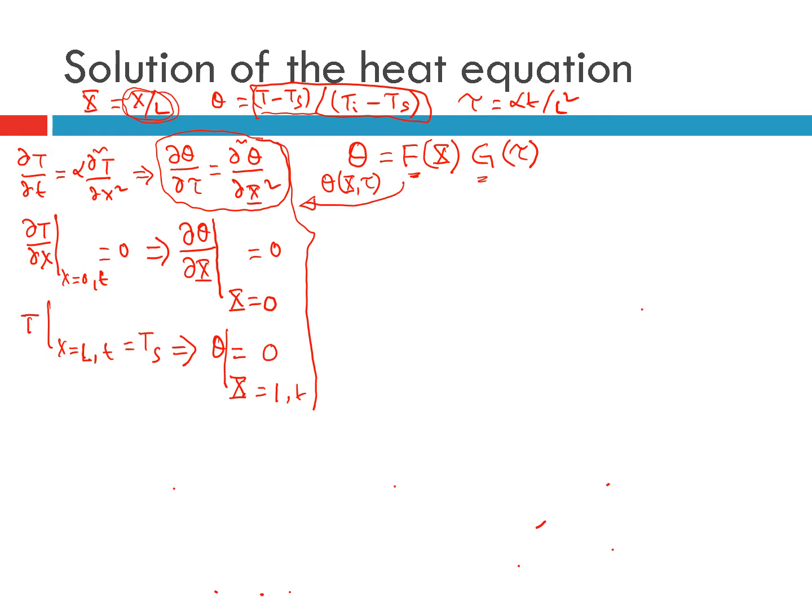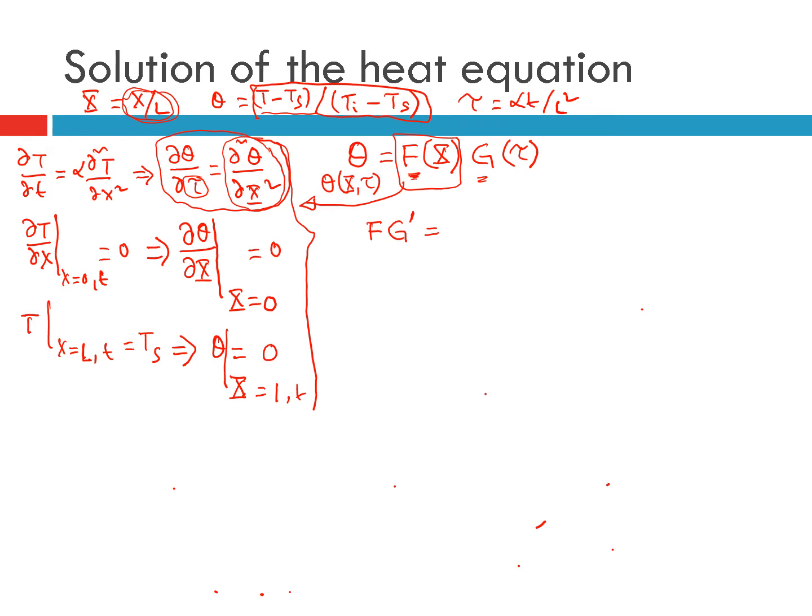And so on the left hand side then, since f is a function of position only, it's a constant when I'm taking the time derivative, so it will be f, and then the time derivative would be g prime. That's what we get on the left hand side. And on the right hand side, this is a derivative with respect to position only.